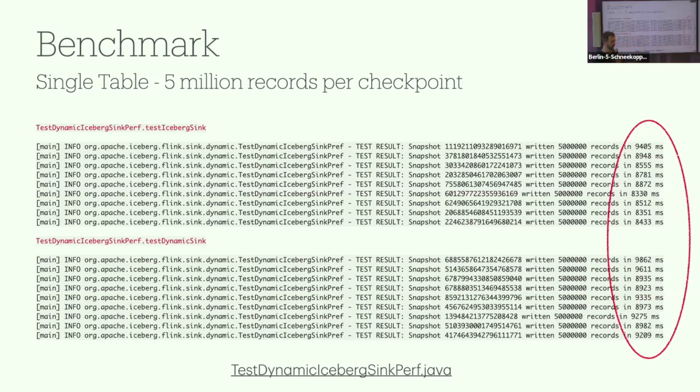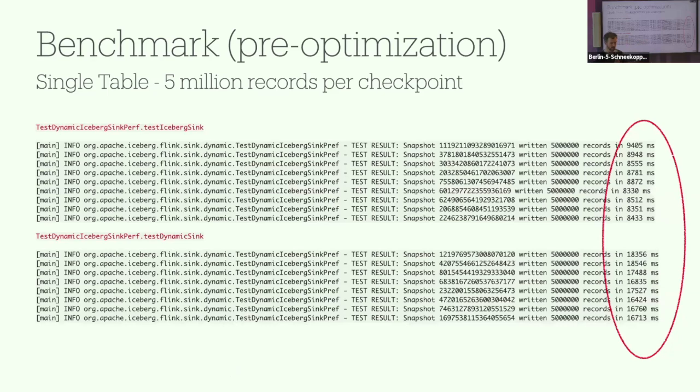Also, the real powerful thing is writing to multiple tables, which you can only do with a dynamic sink. Before we optimized, we had about 100% of the runtime overhead. So we did some optimization there.